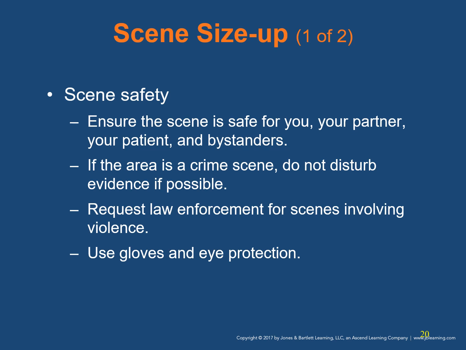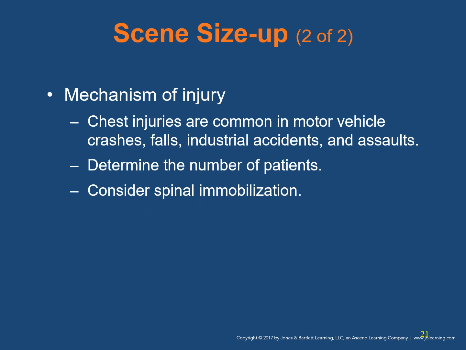If needed, call for the electrical utility, fire department, or advanced life support (ALS) units early. At a minimum, use gloves and eye protection. Mechanism of injury. Chest injuries are common in motor vehicle crashes, falls, industrial accidents, and assaults. Determine the number of patients and consider spinal stabilization.